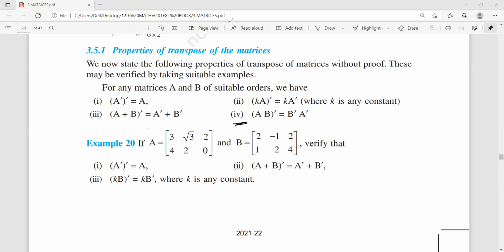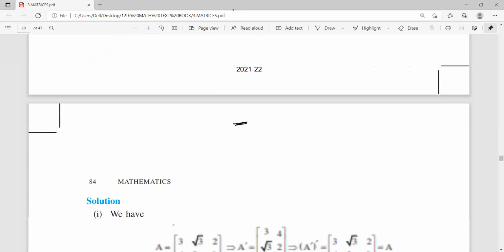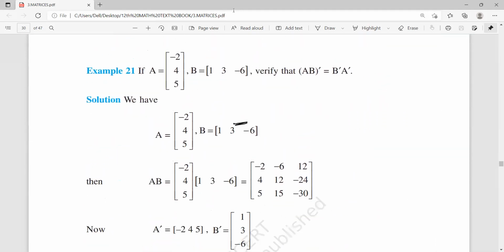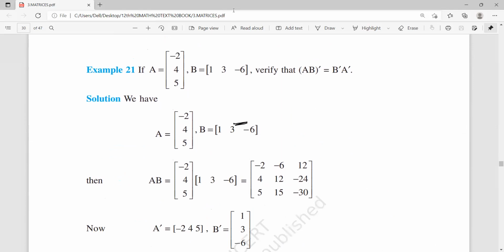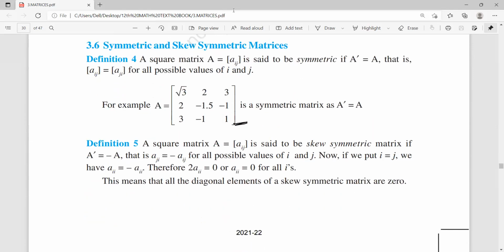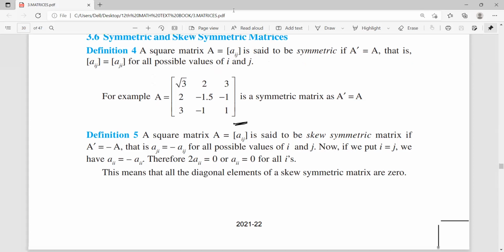We have done with these properties, and here are examples. You always do these examples for clarity. And then (AB) transpose is B transpose, A transpose. This we have done. Symmetric and skew symmetric matrices: if A transpose is A, then it is symmetric.